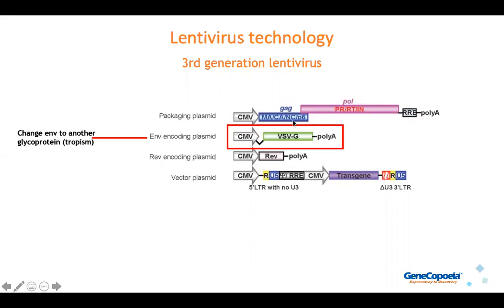And so in a plasmid system like this, where different components of the viral packaging system are broken up into multiple plasmids, if you change this VSVG to the spike protein, you can then package a transfer plasmid such as this one down here at the bottom that can contain a transgene, which can be anything like an ORF or a reporter like luciferase or GFP, into a lentiviral envelope.